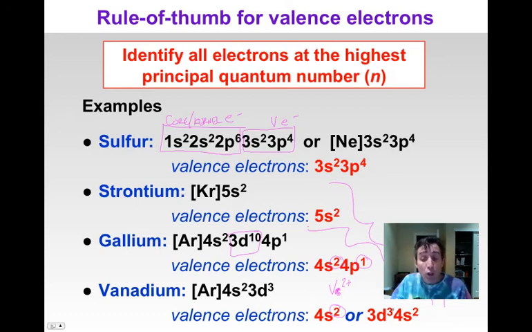Then it could lose the other 3 and form a V5+, but first it would do the 2+; it would lose the 2 S electrons before it loses the 3 D electrons. So it's going to lose the S and P's before they lose the D's. The D's are more stable, even though the D's are further out, at a higher energy level than the S's. That's more stable.